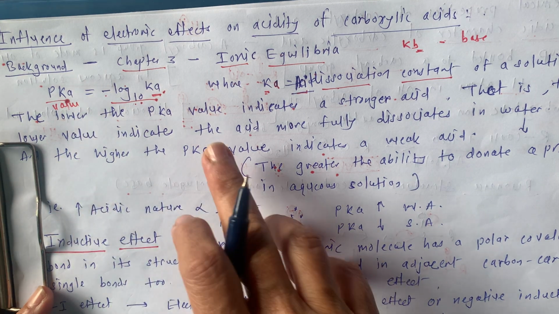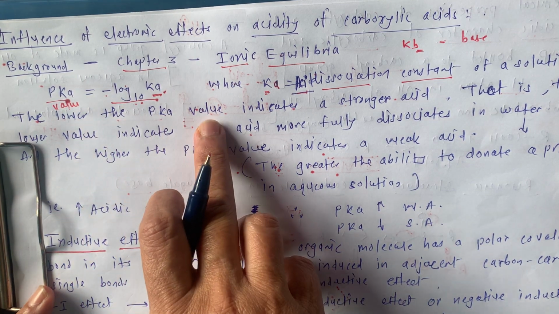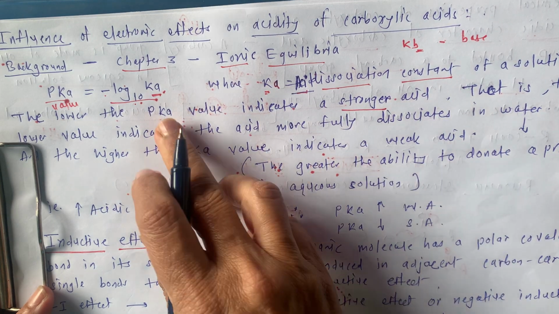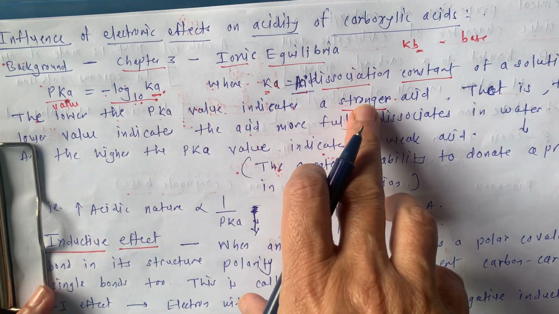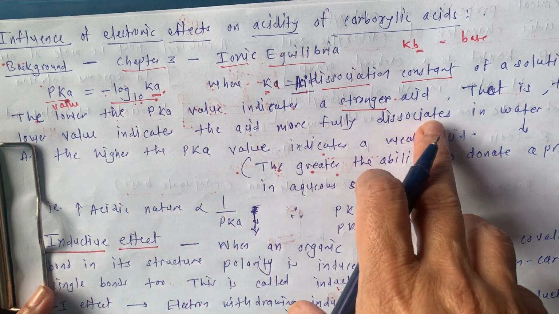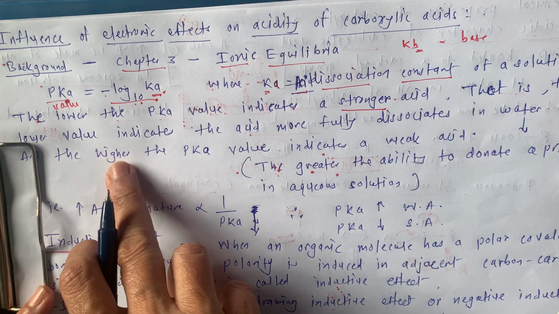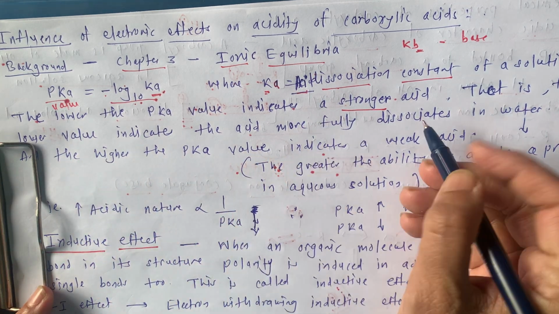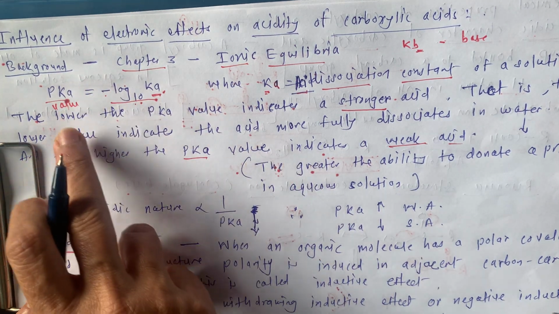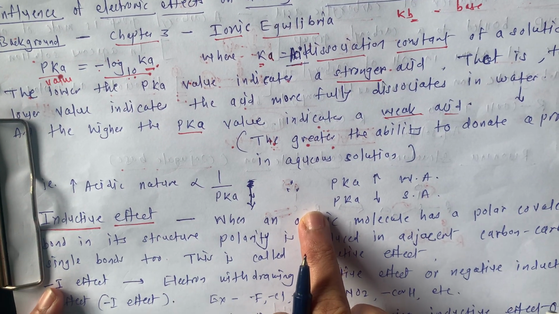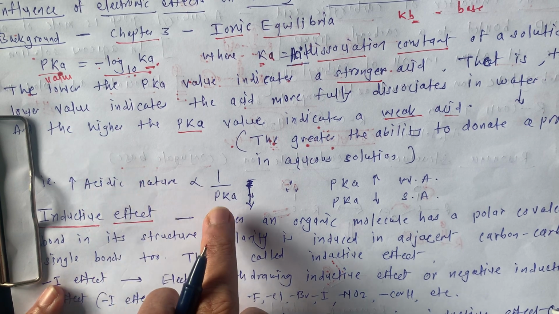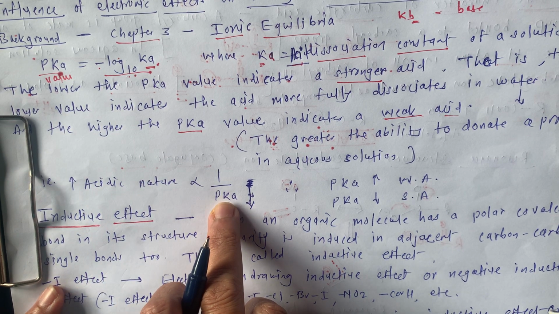The lower pKa value indicates a stronger acid. That is, the lower value indicates the acid dissociates more fully in water, and the higher pKa value indicates a weak acid. So these are inversely proportional to each other. Acidic nature is inversely proportional to the pKa value.